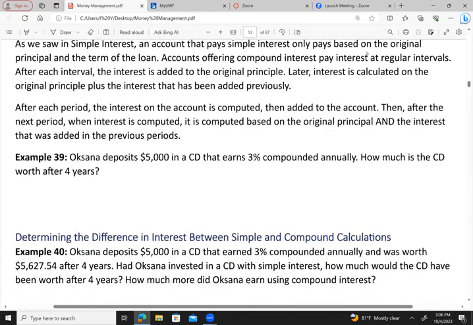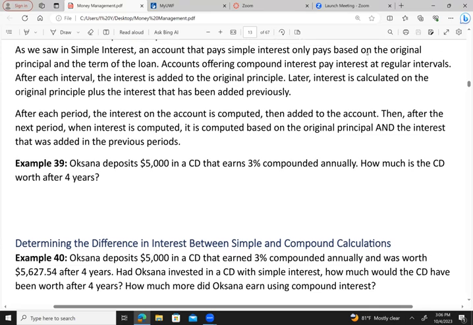So, let's look at an example here. Oksana deposits $5,000 in a CD that earns 3% compounded annually. How much is the CD worth after 4 years? So this is simple interest right here. The interest is the principal times the rate times the time.